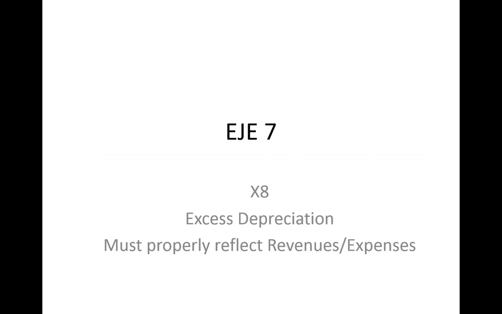Right, we see here I've got another EJE, and it relates to excess depreciation. What's going on? Remember what we have to do. That excess depreciation amount is going to stick around for 7 more years. Okay? So what happens is we need to adjust the excess depreciation for X8, the current year.